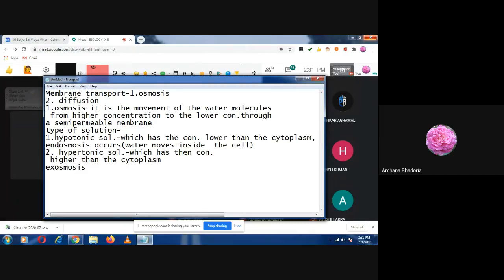So when I am saying concentration higher than the cytoplasm, here I mean to say the concentration of the solute. When I say concentration of solute, तो water तो कम हो ही जाएगा. और जब हम बोलते हैं lower solute concentration means more water.